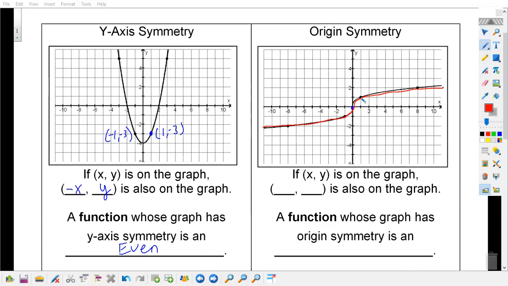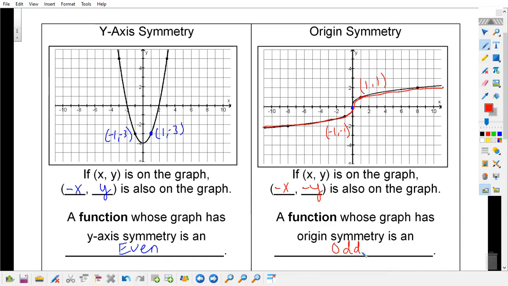So when you're looking at the values, that means that not only is your x changing, but so is your y. So notice here we have +1 and +1, and here we have -1 and -1. So that's going to give us a change in our x and a change in our y. And when this happens, a function whose graph has origin symmetry is an odd function.